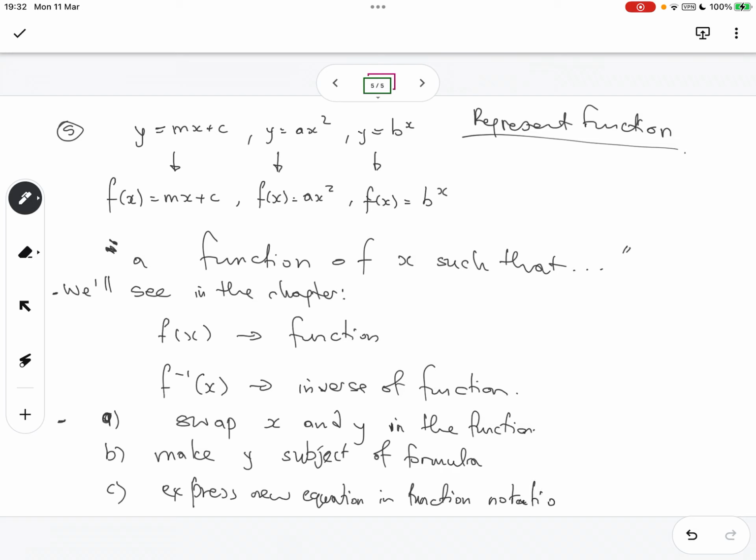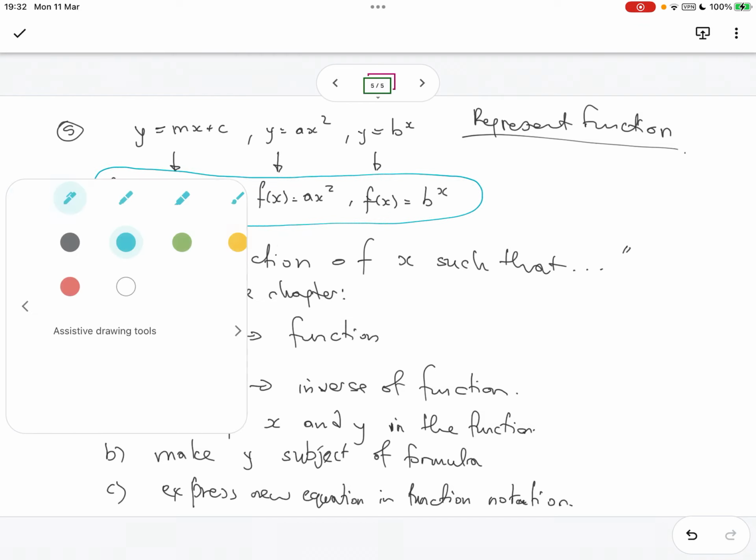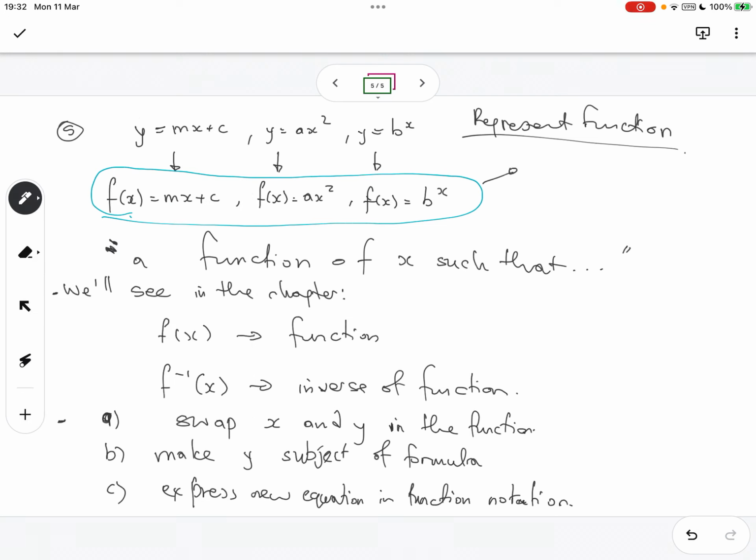So this is the notation here. This here is what we call function notation.